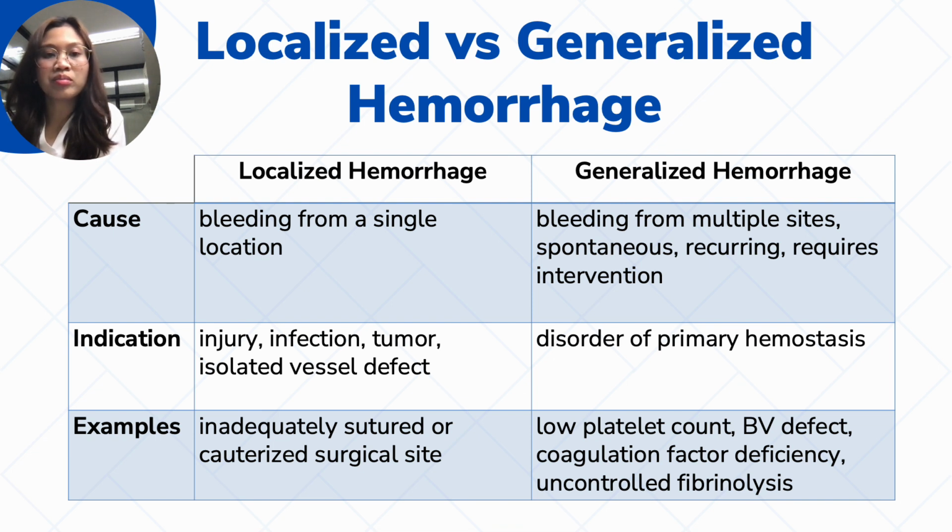This is different from bleeding caused by reduced platelet counts or vascular system defects because these types of disorders or bleeds are generalized in nature. As a result, spontaneous and/or recurring bleeding may occur in multiple sites, often requiring medical intervention. General bleeding occurs when there are issues in the primary or secondary hemostasis, as well as in uncontrolled fibrinolysis.